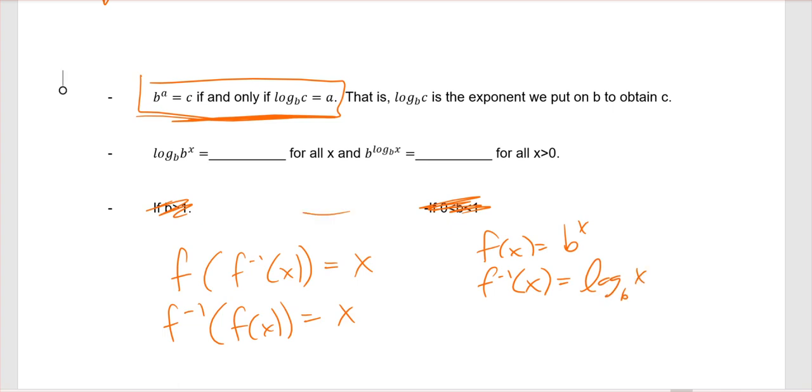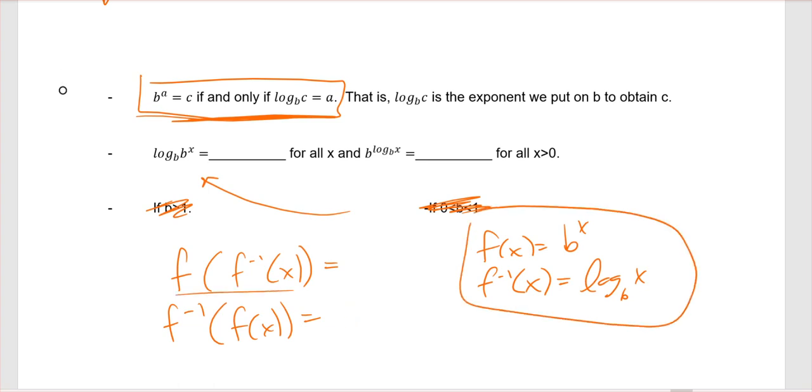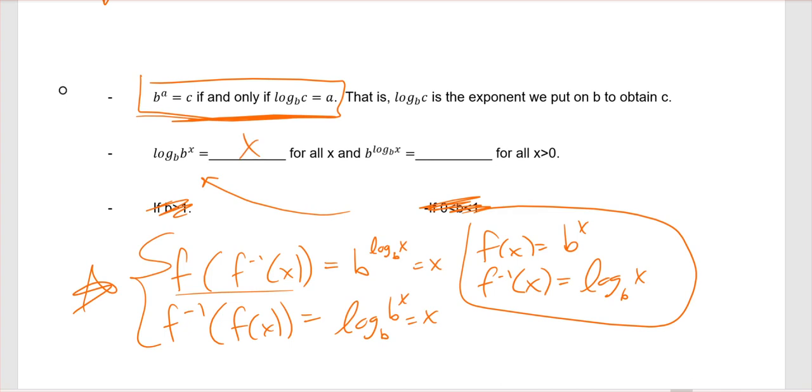Well, isn't that what we've got there? So with these, if I put f of f inverse, that would be b to the log base b of x. Well, that has to be x. And if I do the other direction, I would have log base b of b to the x. Well, it's got to be x. Okay, so we should be able to reason our way through this with words, but this inverse stuff is pretty important. So these are both, well, x.